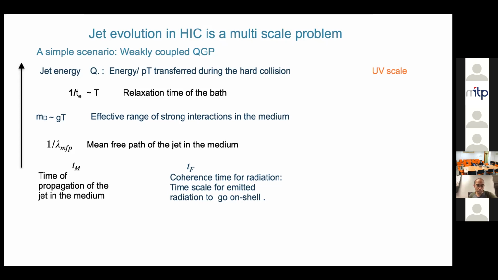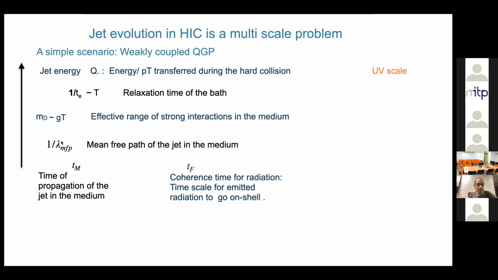And can you tell me where the information about whether the environment is strongly correlated, whether the correlation between two points in the environment is strong or weak, is captured in this hierarchy? That would be in the relaxation time, or what? Yes, it will be the Debye scale, m_D.